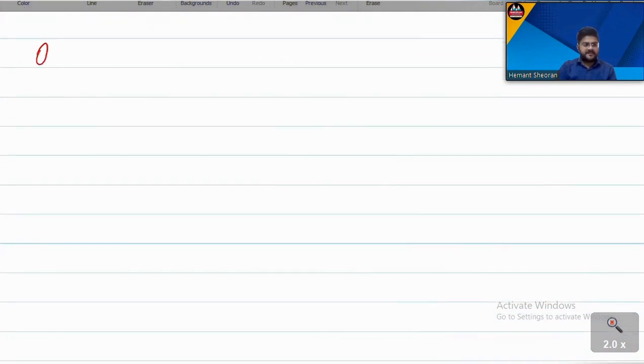On the same case, the question they are asking now: the polynomial p(x) is given to you as ax plus b, and they are saying find the 0 of this polynomial. So what will be the 0? What was the first step that we have done?